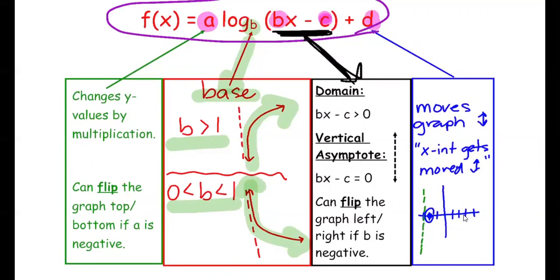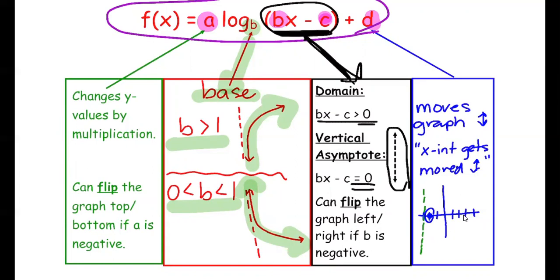Notice here, your domain is where the inside is positive. Where is this whole inside greater than 0? If we solve that, that'll tell you your domain. Where it actually equals 0, that's your vertical asymptote. That'll be an up and down dotted line.